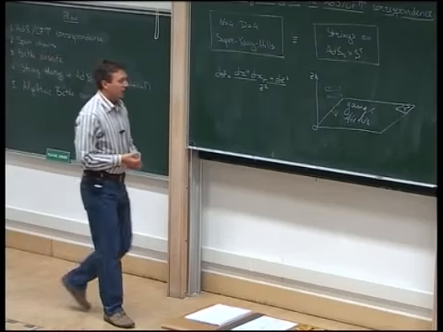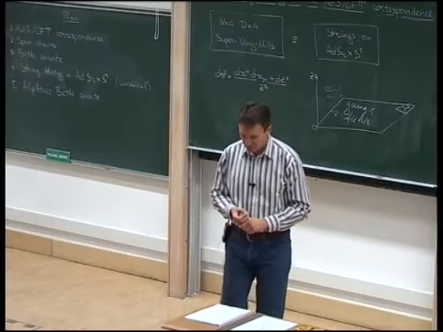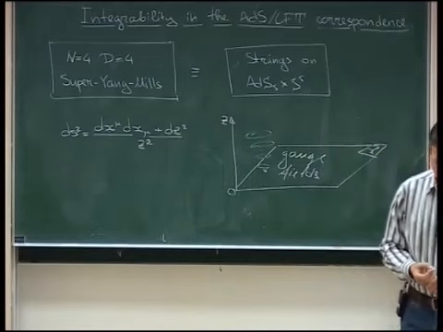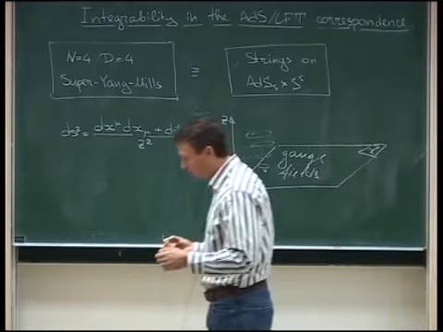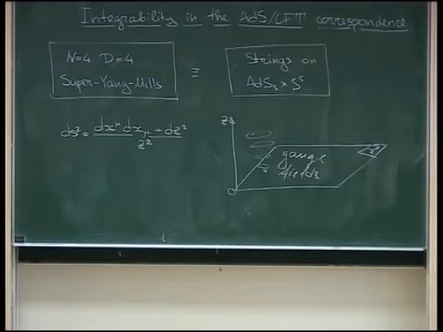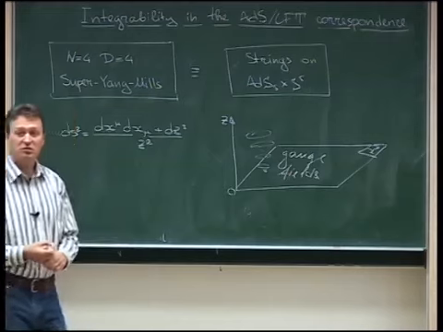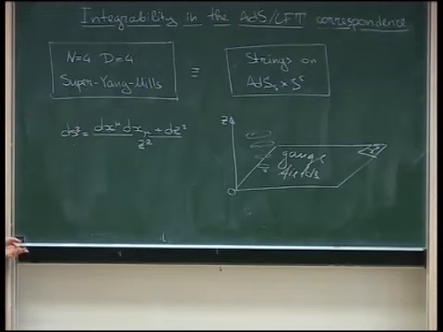So I'll return back to the formulation of the string theory. The bosonic part of the Lagrangian for the string is just the Nambu-Goto or Polyakov action, and it's easy to write down once you know the metric.